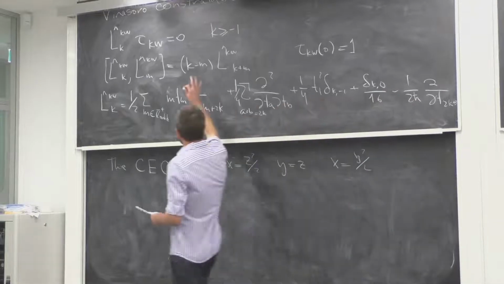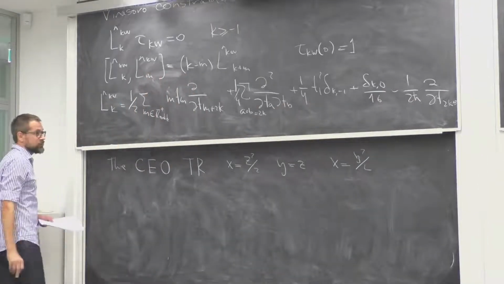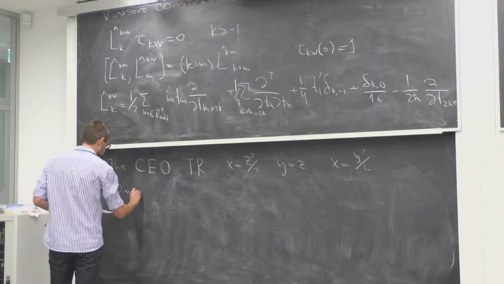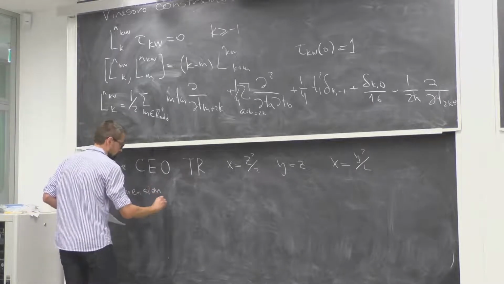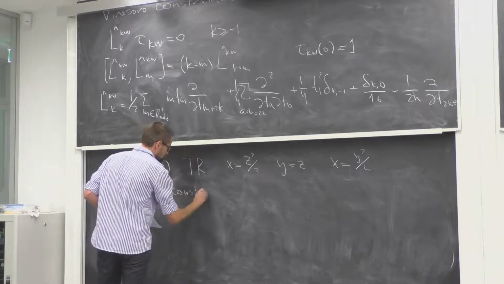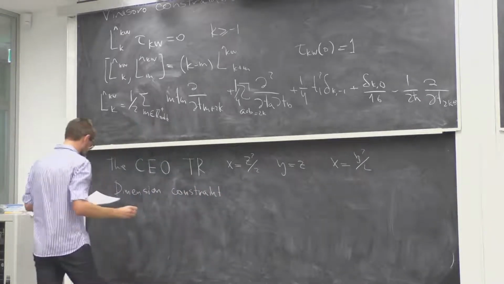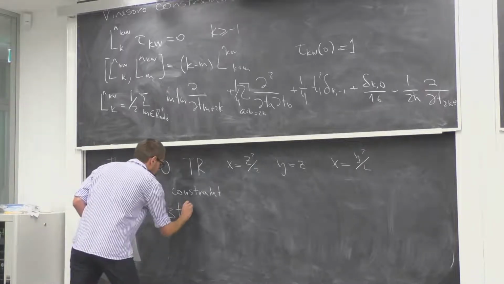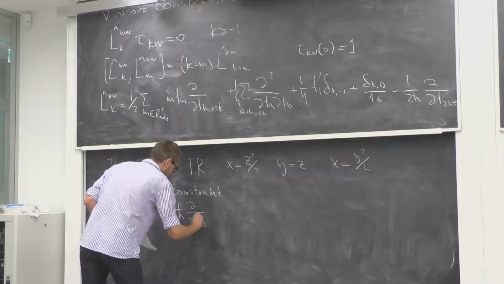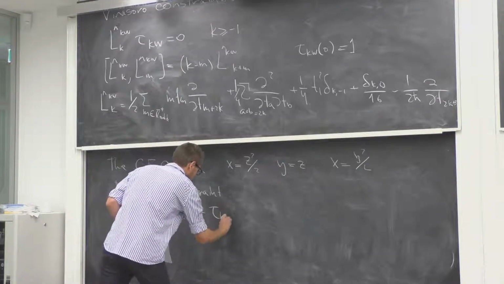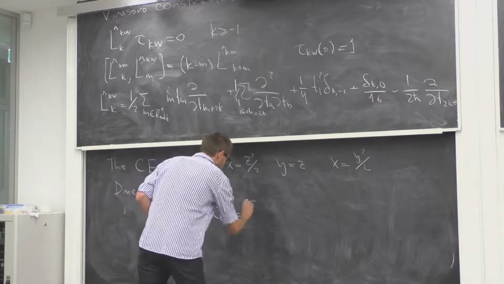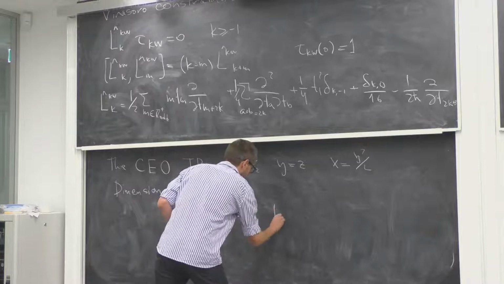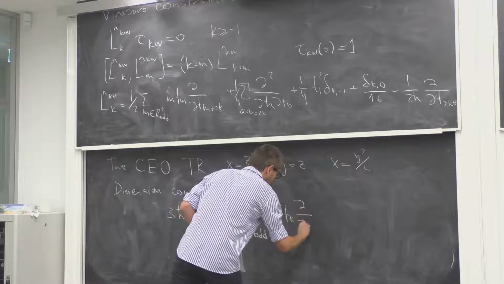So in addition to the Virasoro constraints, we have the dilaton constraint. The dilaton constraint has a simple form: 3h d over d h bar equals the sum over k odd of c_k d over dt_k.